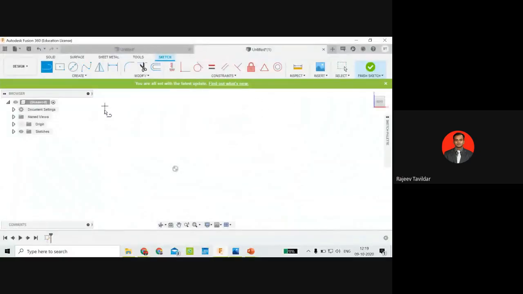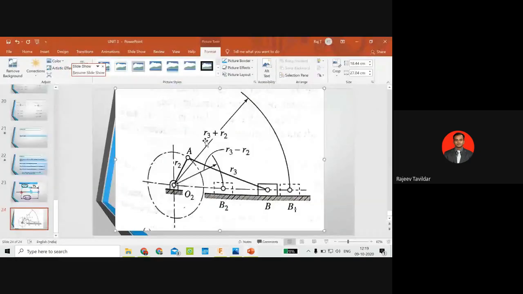So what I'm going to do is I will just draw this 50 mm length here. Okay, let us go back here. So I've got the R2 position.